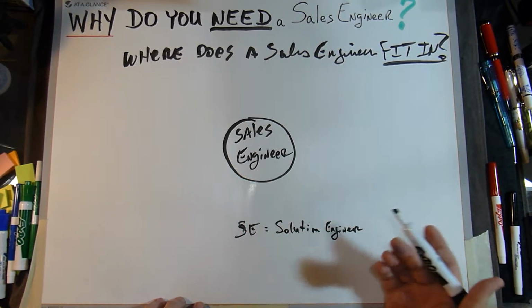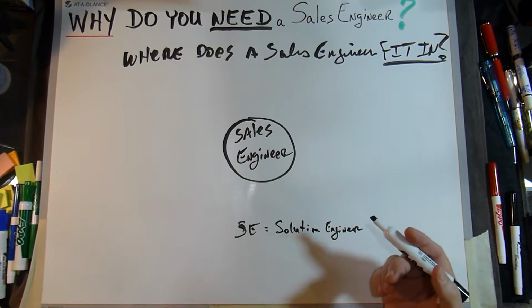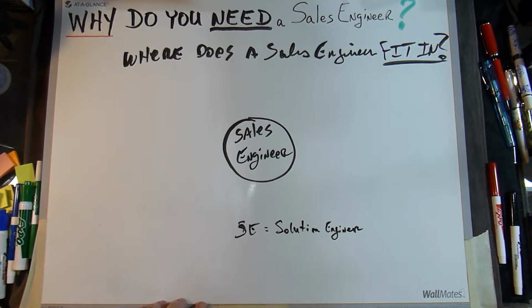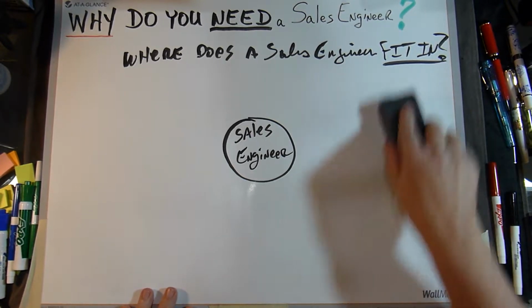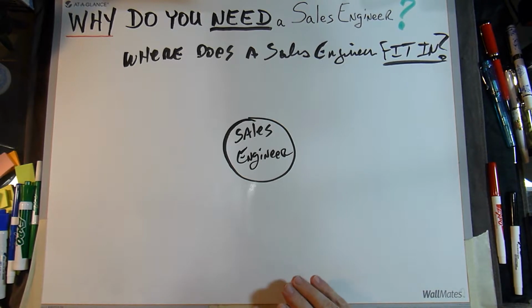And that's why the sales engineering university, as it were, was created, was to clear people up on exactly what a sales engineer is, so it would become obvious why you need one. So I don't do it to save time writing it, I do it for clarity. I do it for you.